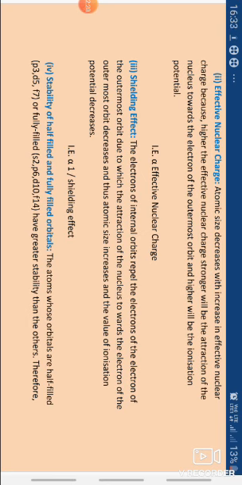In this, the electrons of internal orbits repel the electrons of the outermost orbit, due to which the attraction of the nucleus towards the electrons of the outermost orbit decreases, and thus atomic size increases and the value of ionization potential decreases. The relation between the shielding effect and the ionization potential is inverse.